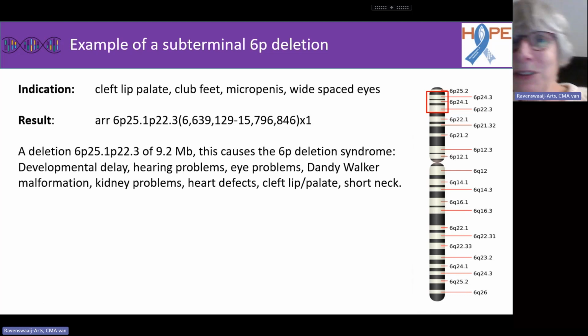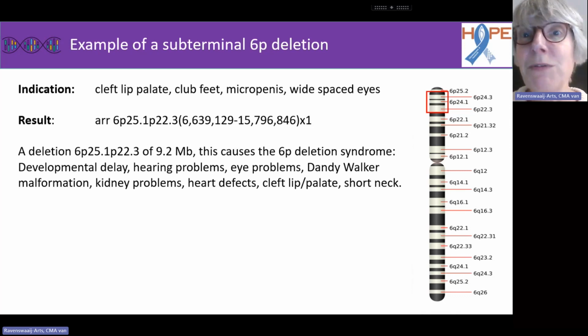They don't only show in the report what they found, but also what it means. And here the reporters say it causes the 6p deletion syndrome with developmental delay, hearing problems, eye problems, then the Dandy-Walker malformation, which is a brain malformation, kidney problems, heart defects, cleft lip palate, and short neck.